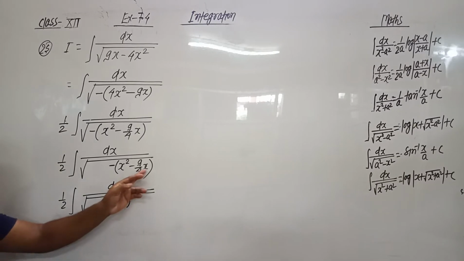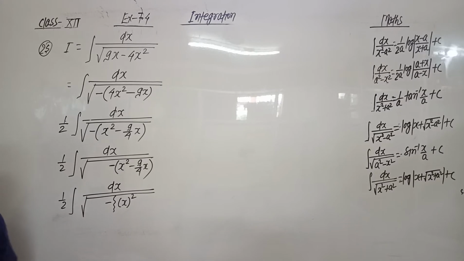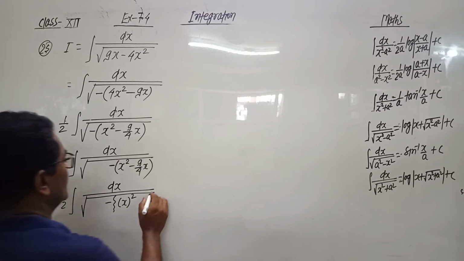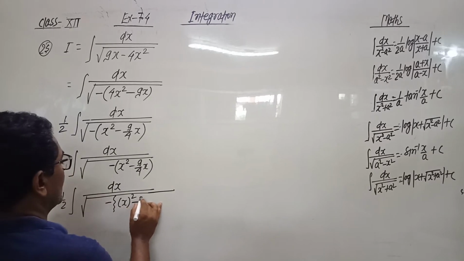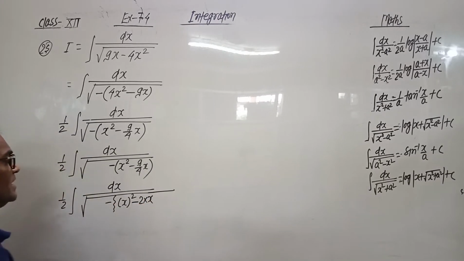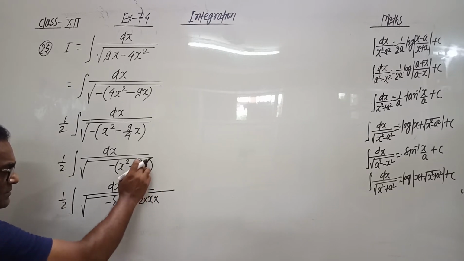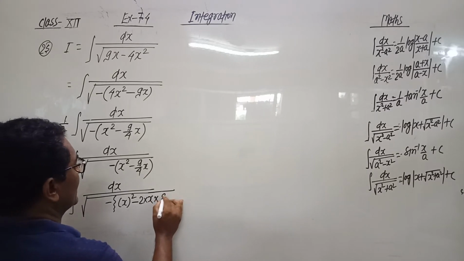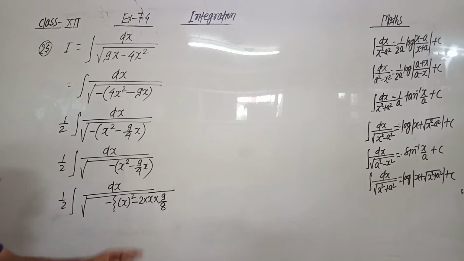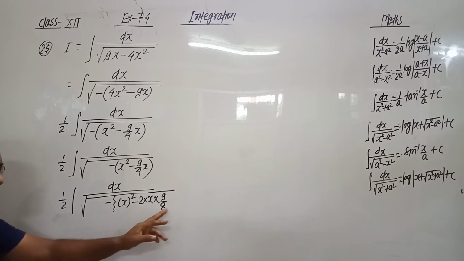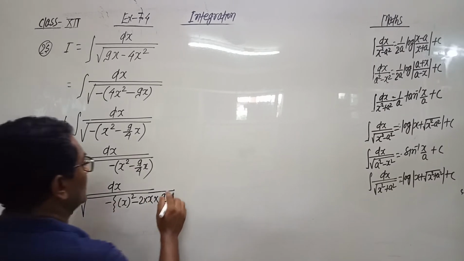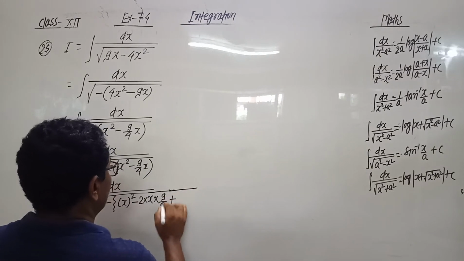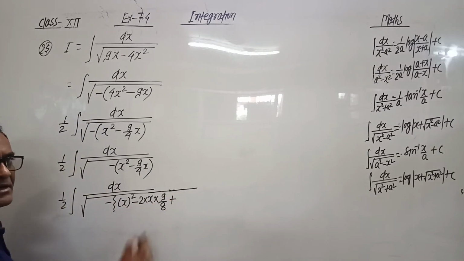Here the coefficient of x is negative, so the formula used is a square minus 2ab plus b square. So x square minus 2 into a, the value of a is x, into b; after solving the term 2ab, it comes to be 9 by 4x. So the value of b is taken 9 by 8, because 2 into 9 by 8 is 9 by 4, and we get 9x by 4. So the value of b is 9 by 8, and this is a square minus 2ab.